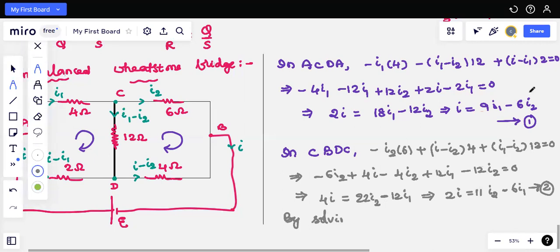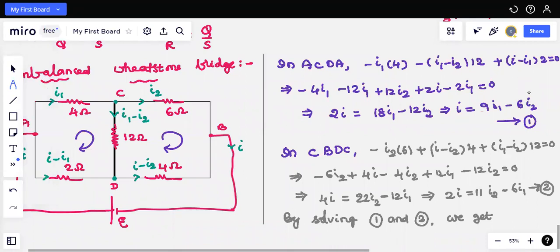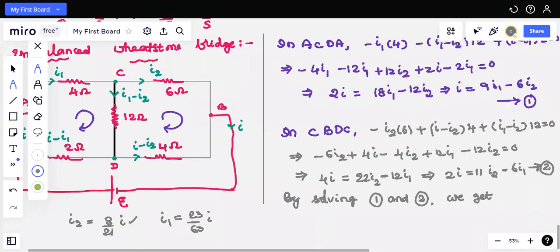Has anyone started? So by solving these two equations, finally, according to the answers, what you said, I2 is 8/21.